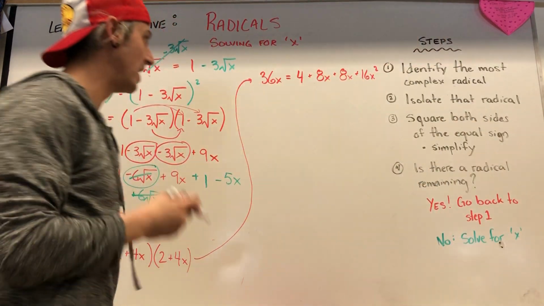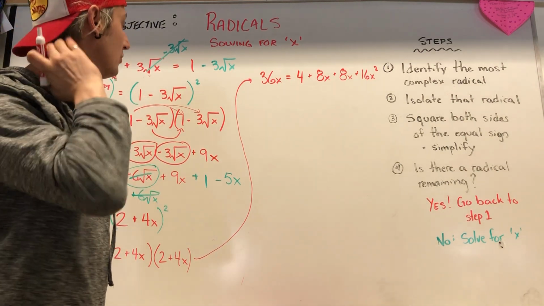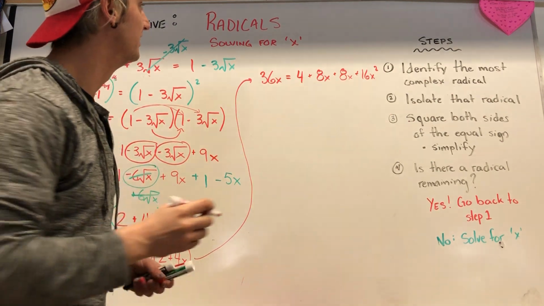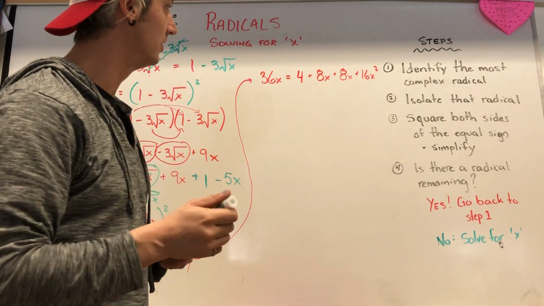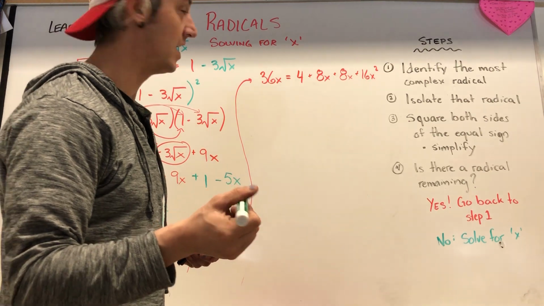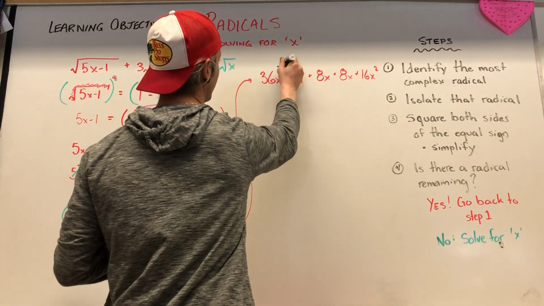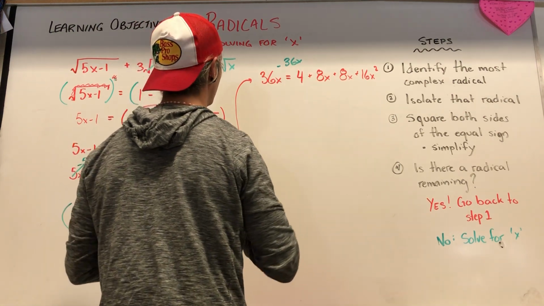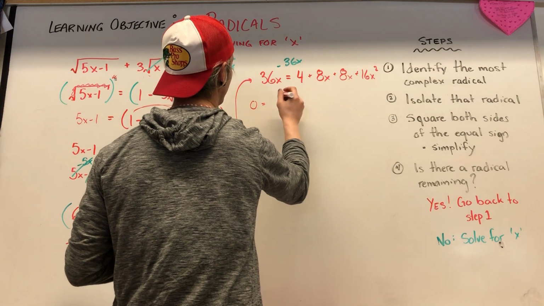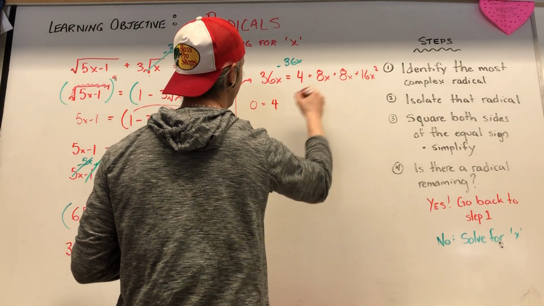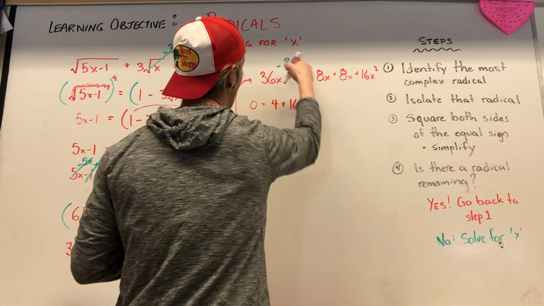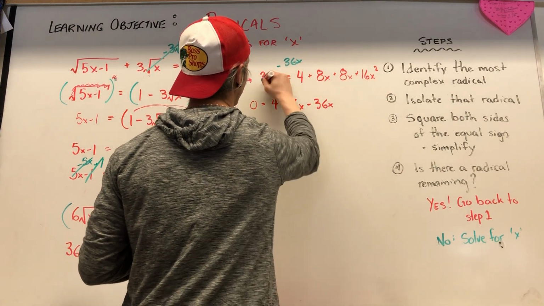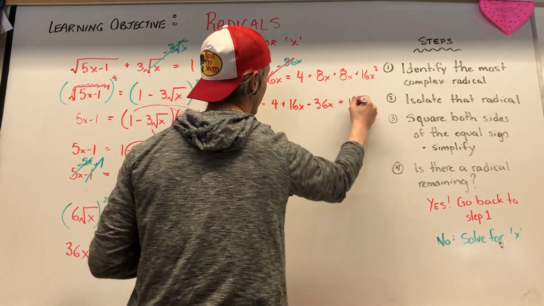Now I have a quadratic again. So I'm going to move this 36 over there, simplify, and then try and solve this quadratic, because I don't have a radical remaining. So I'm going to move 36 over, and I get 0 is equal to 4, 8 plus 8 is 16, plus 16x, minus the 36x we moved over here, plus 16x squared.